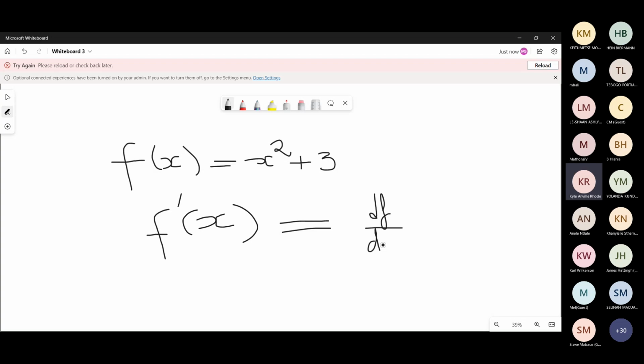But how do we define this quantity? You have a function, you want to define a new function from that first one, called the derivative of the first function. How do we proceed to define that derivative?